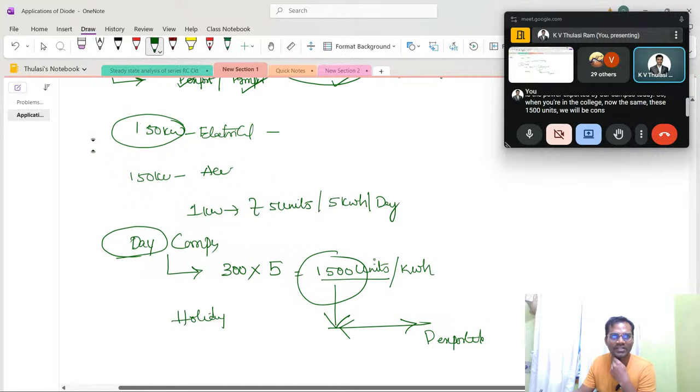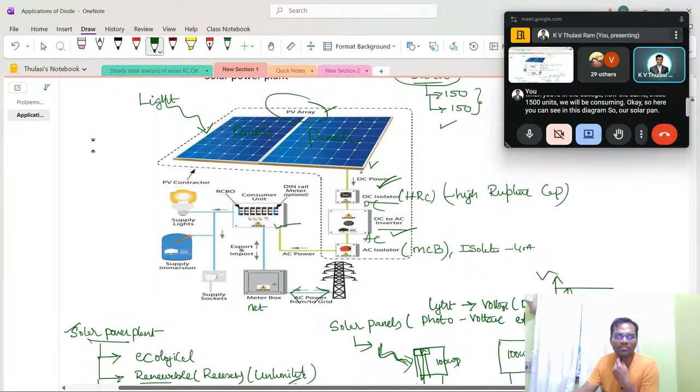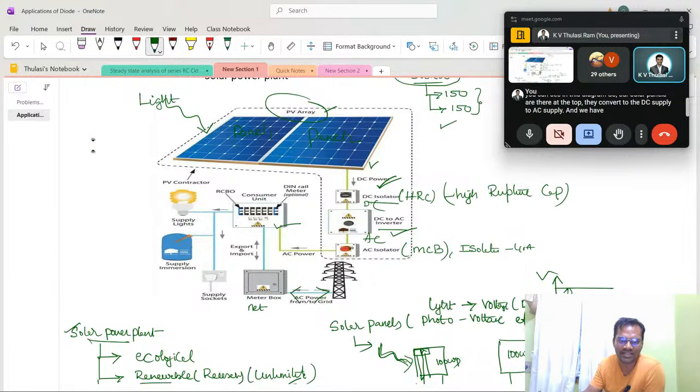Here you can see in this diagram, our solar panels are at the top. They convert the sunlight to DC supply, and we have the inverter, which is connected here. Now our solar plant has generated 1500 units, and no one is there to turn on the fan, light or computer.